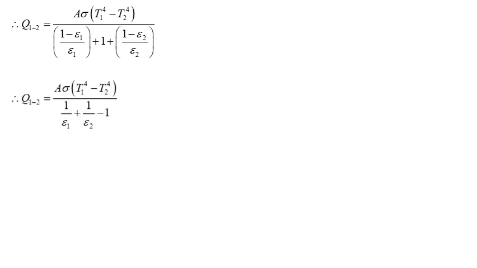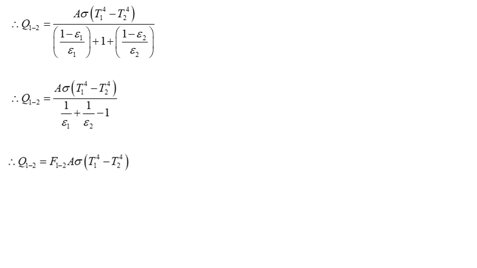So by simplifying further in the denominator, we get Q1 to 2 is equal to A into sigma (T1 to the power 4 minus T2 to the power 4) divided by (1 by epsilon 1 plus 1 by epsilon 2 minus 1).